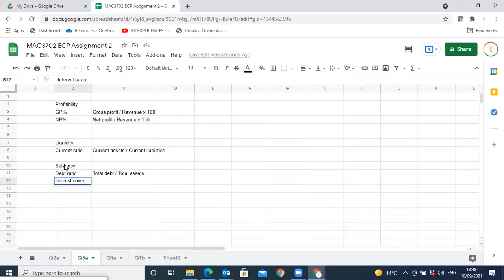Interest cover is EBIT divided by interest expense. So EBIT, operating profit, divided by interest expense. Another term for interest expense is finance costs. Okay, current year, prior year.